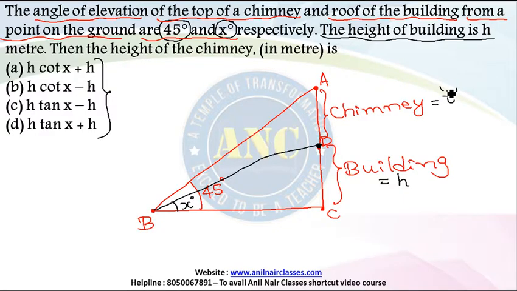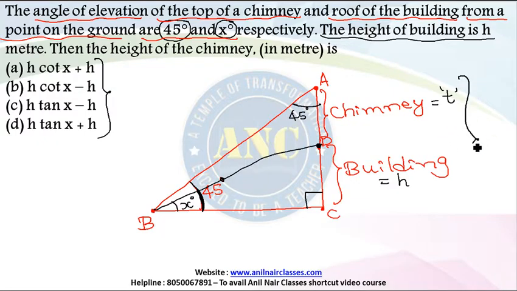Now, same logic, sir. Same logic I will implement. Can I say that this entire angle is 90 degrees? This entire angle B is 45 degrees, so angle A also will be 45 degrees. That means whatever the side which is opposite to angle 45 here, what is the side there, sir?